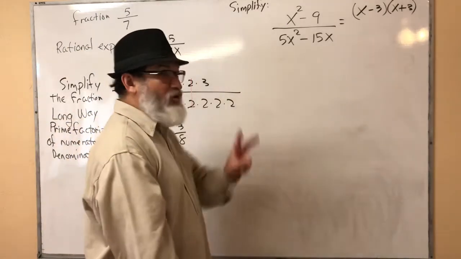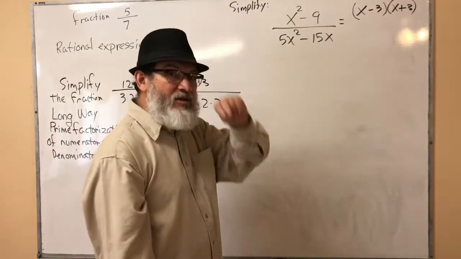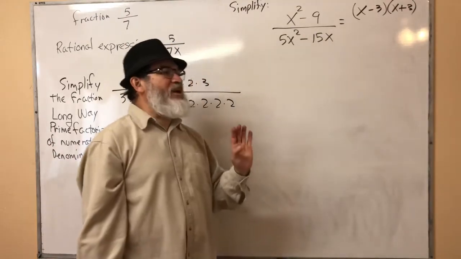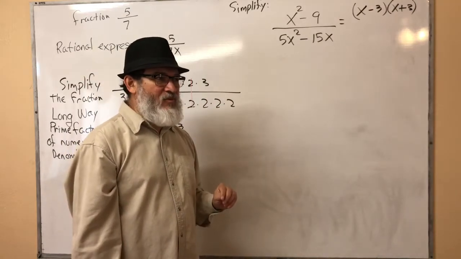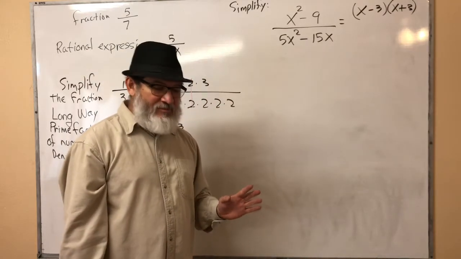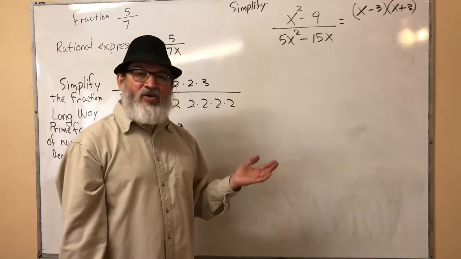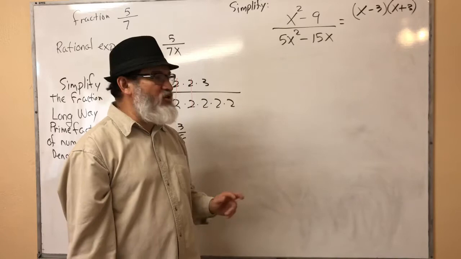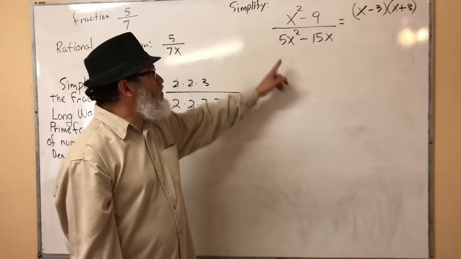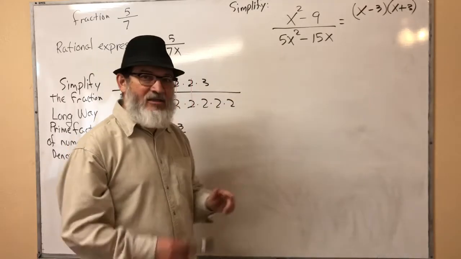Notice, 2 factors. What's the prime factorization of the denominator? What's the first step in factoring? Take out the greatest common factor. What is the greatest common factor in the denominator? We can take out a 5 and an x.